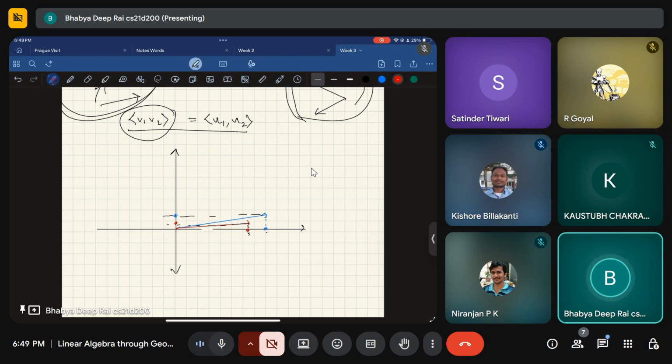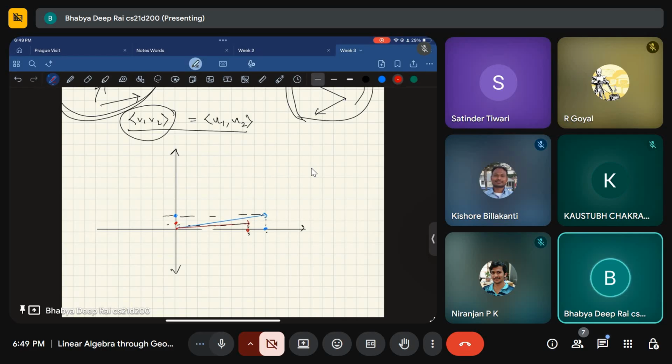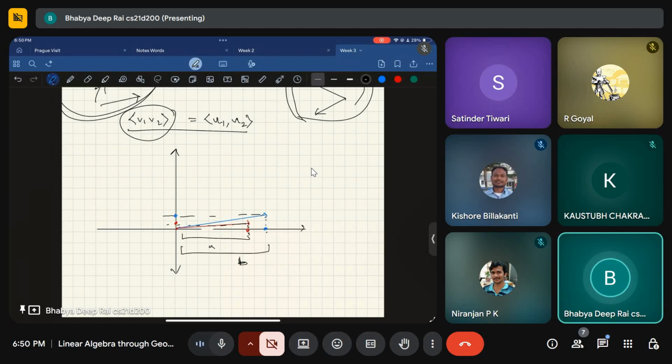So you get A1B1 plus A2B2. A2B2 is probably very small, and this is very large.